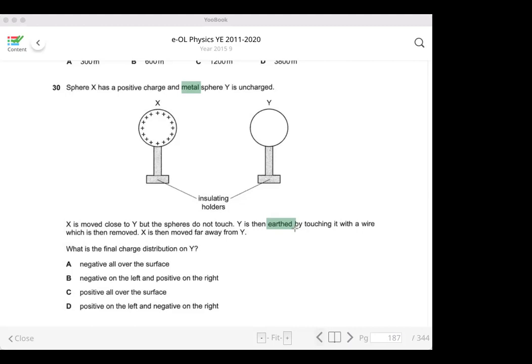Ethan incorrect. Qiao Xing, well done. Yi Ting, well done.